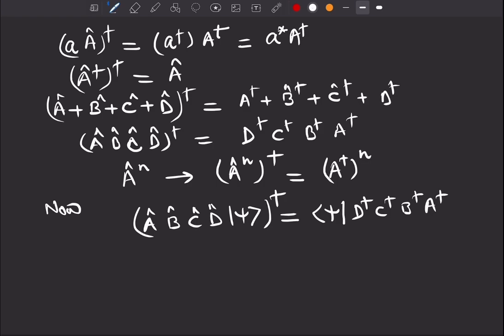The Hermitian conjugate of the operator is like this.